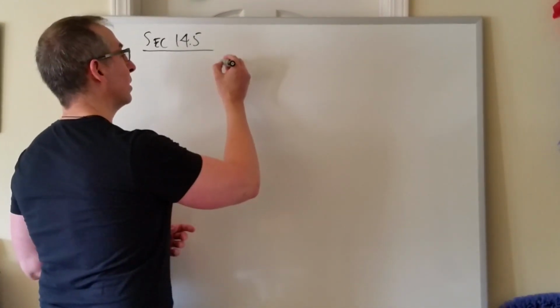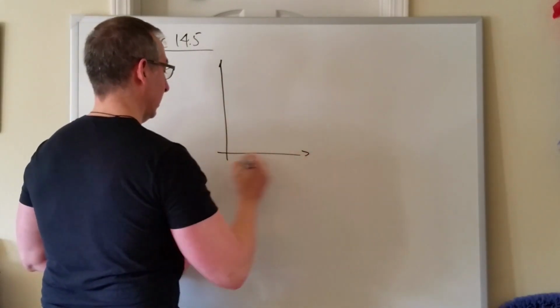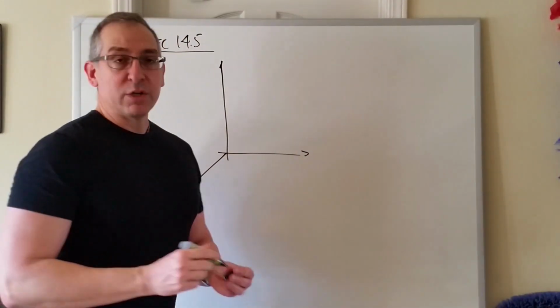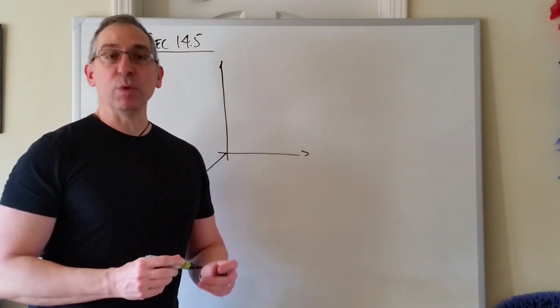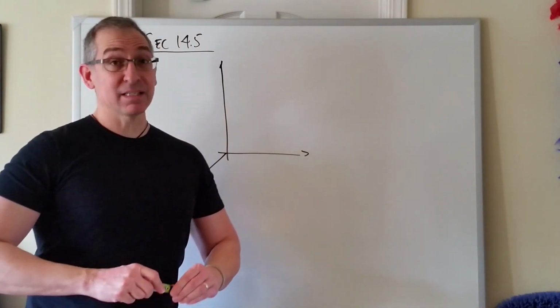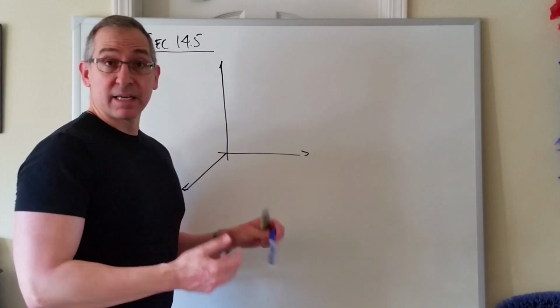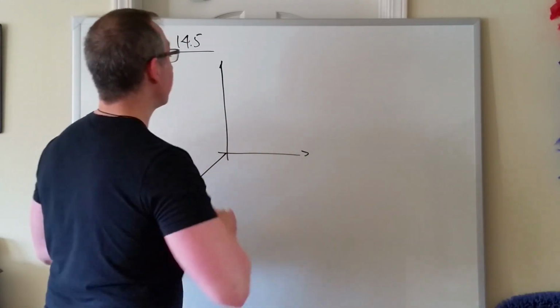Now here, what I want to do is draw a typical cylindrical block, we call it. Not a perfect rectangular box. It's going to be a cylindrical block. So something like this.